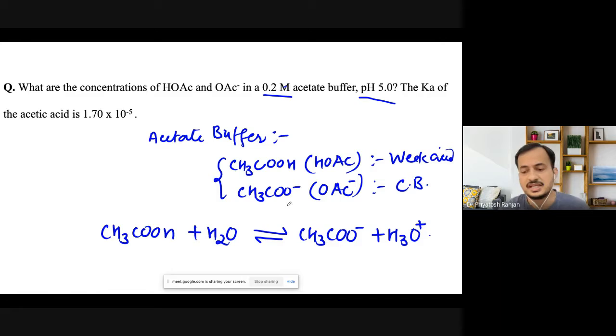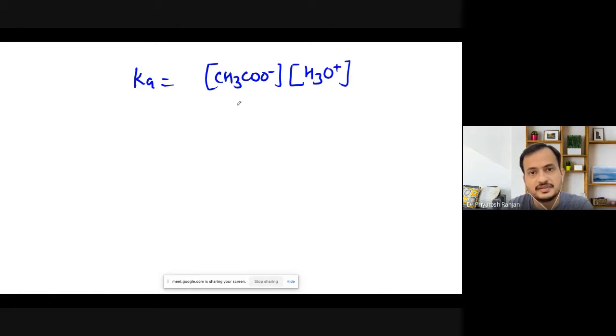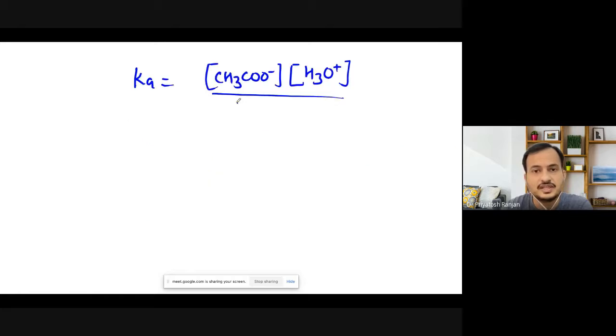Now, what is the Ka, the acid dissociation constant value, going to be for this equation? The Ka is going to be the concentration of acetate times the concentration of H3O plus divided by the concentration of acetic acid.